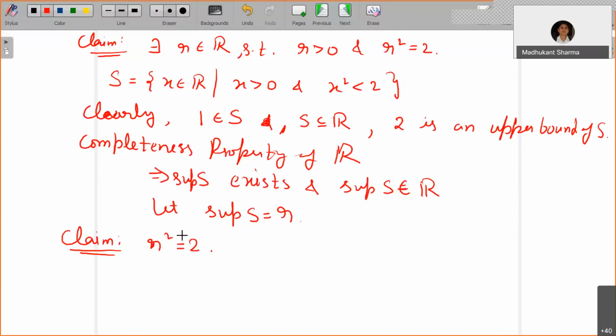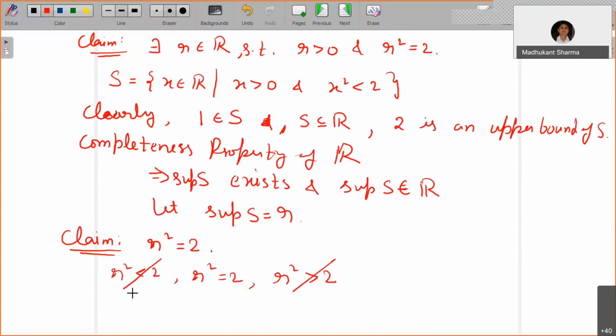How would you establish it? r is a real number, so there are three possibilities: r square less than 2, r square equals 2, and r square greater than 2. So there are three cases. If you strike off two cases, meaning you prove that they do not happen, then the only possibility is r square equals 2.